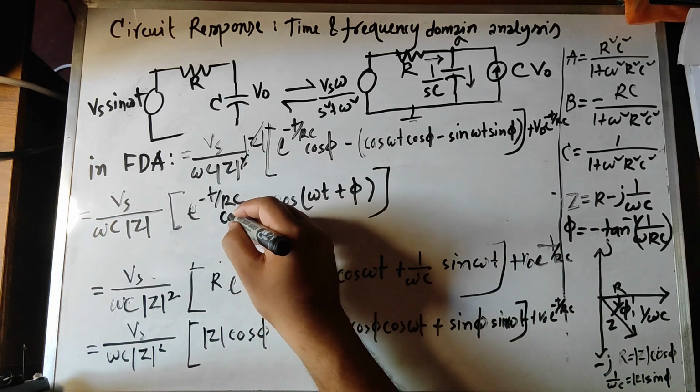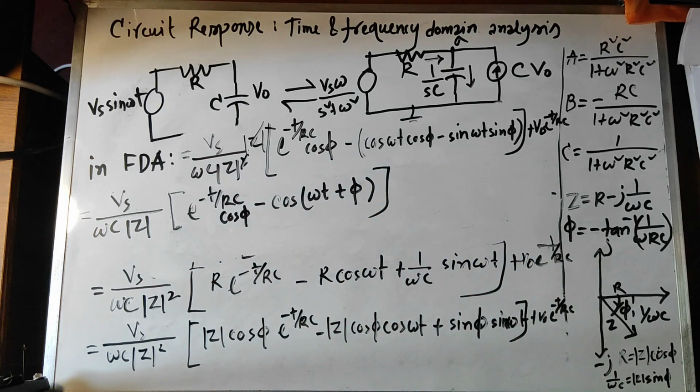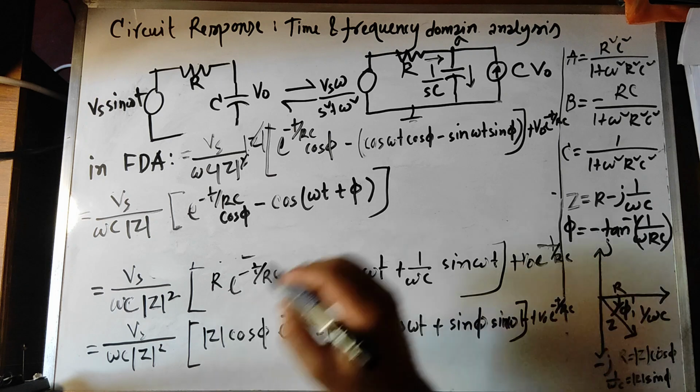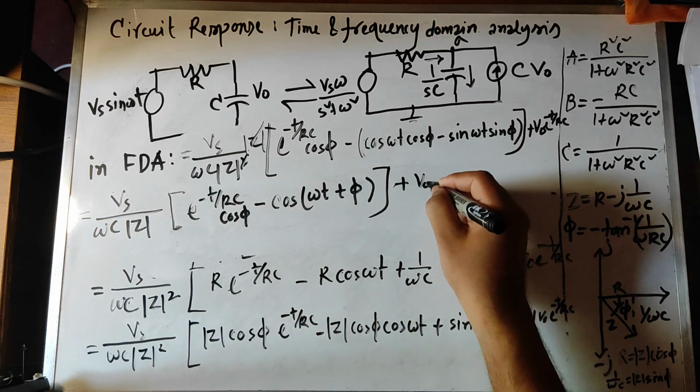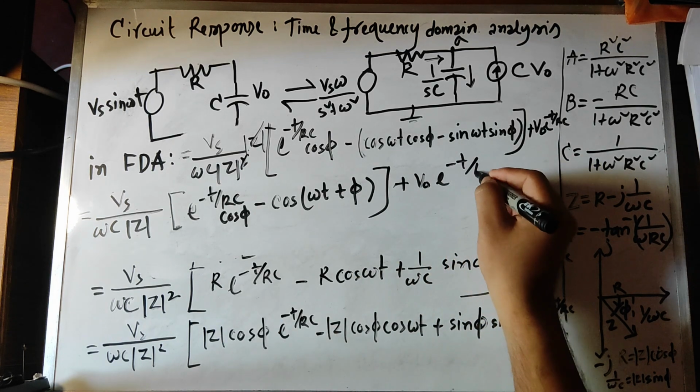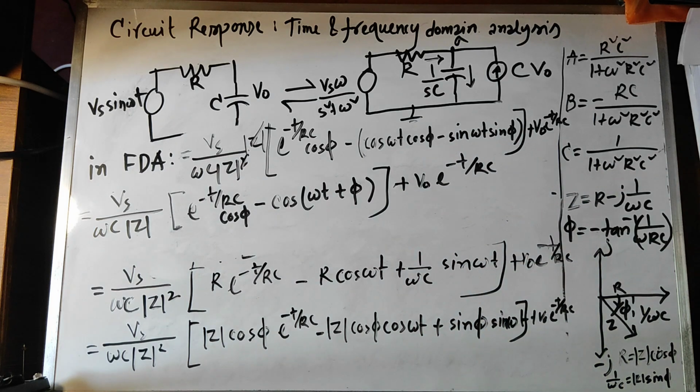Here cos phi plus vo e to the power minus t by rc.